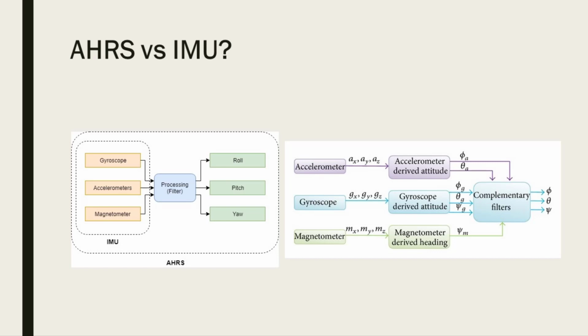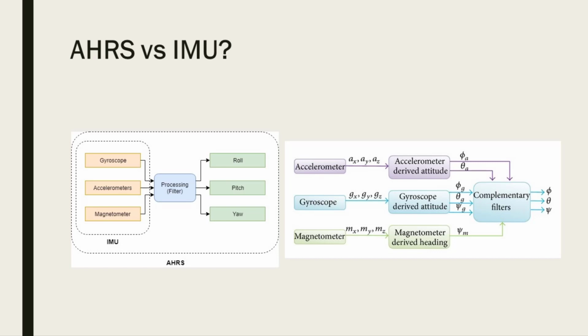The IMU is the sensors you have, and mostly it consists of a gyroscope, accelerometer, and magnetometer. These are the raw outputs of your sensors. So if you're watching this video on your smartphone, you already have an IMU in your hand, because your phone might have an accelerometer, gyroscope, and magnetometer.